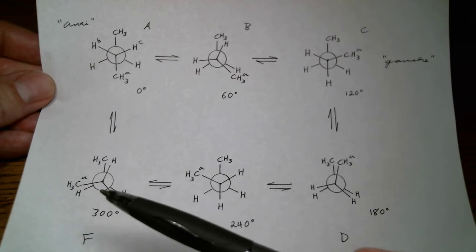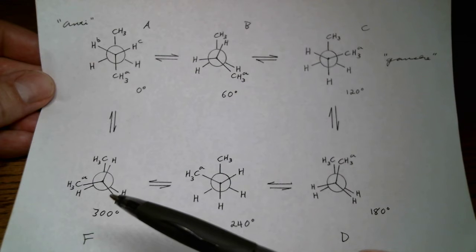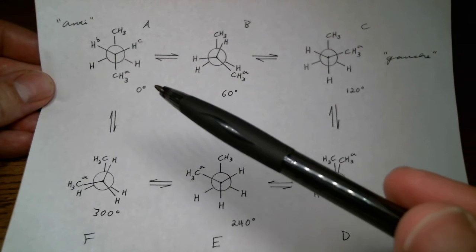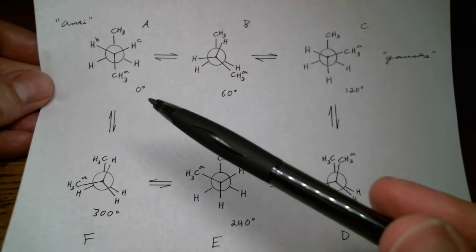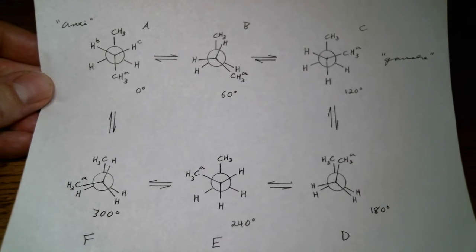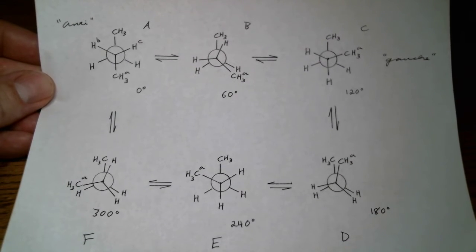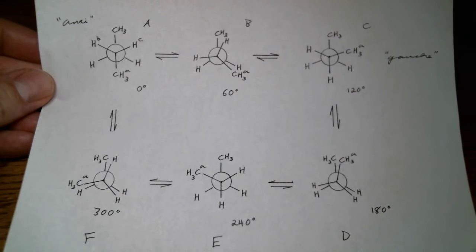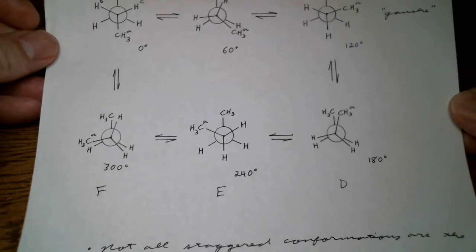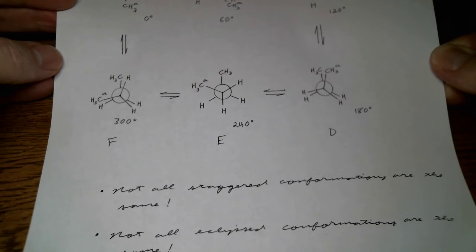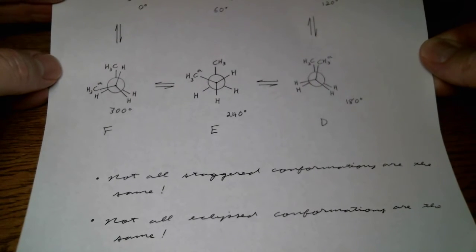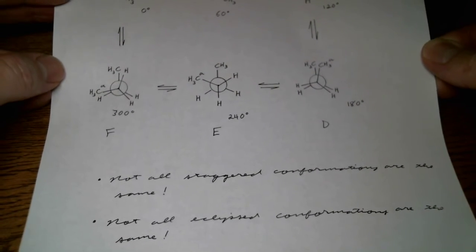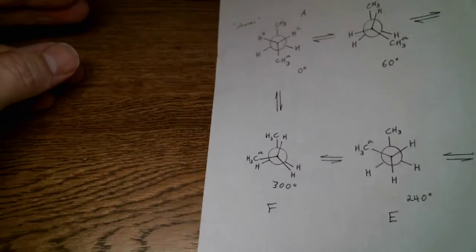And finally, if we continue rotating that C2 carbon another 60 degrees, we get back to 360 degrees, which is 0 degrees. So before we go to an energy versus rotational diagram process, I thought I would just comment, not all staggered conformations are the same, not all eclipsed conformations are the same.